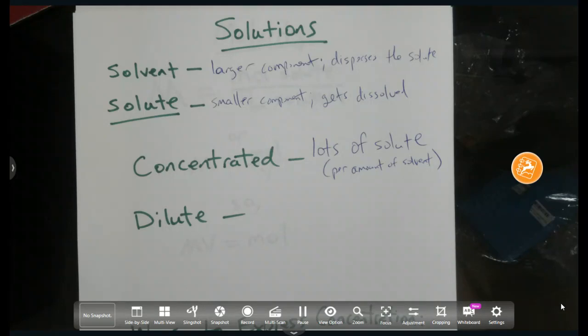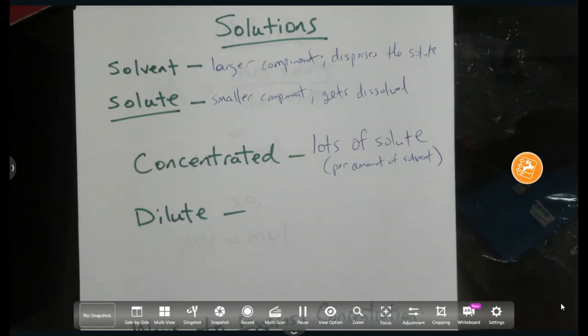So since the word lots is relative, we have to have something to compare it to. So when we talk about concentrated solutions, there's lots of solute in ratio or in comparison to the amount of solvent particles there in some way, and I'll show you that here in a minute. There's lots of ways to do this.